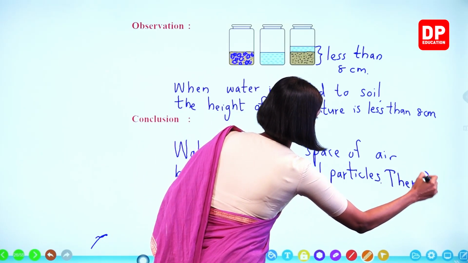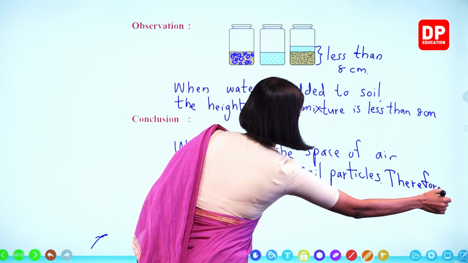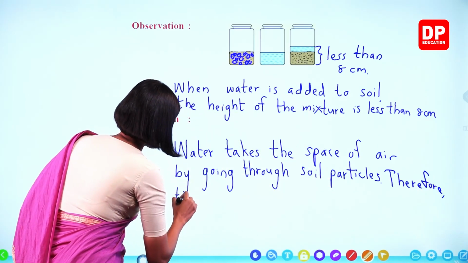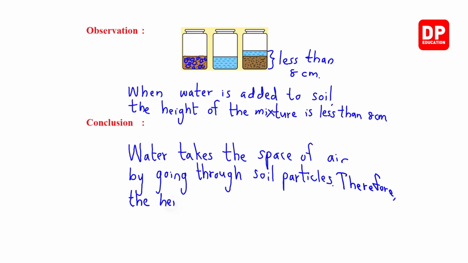Therefore, the height is less than 8 centimeters.